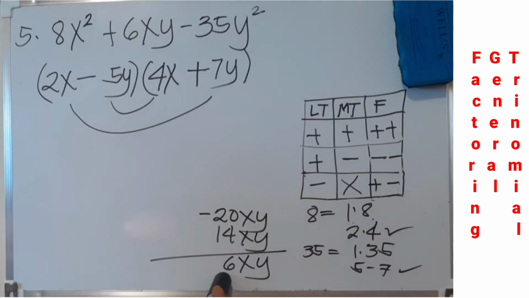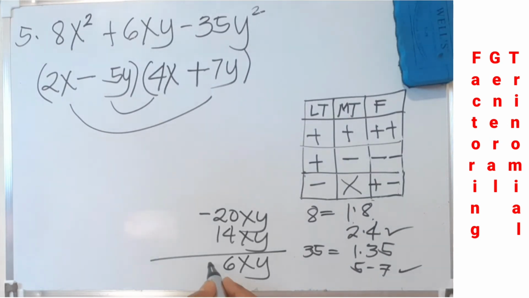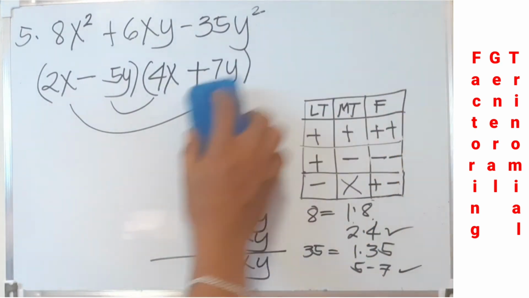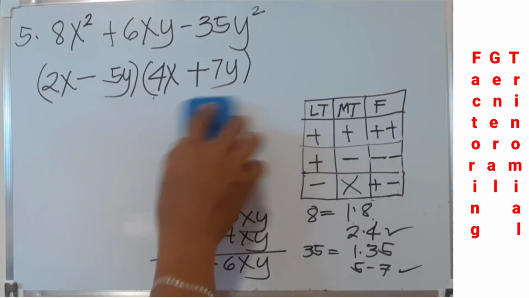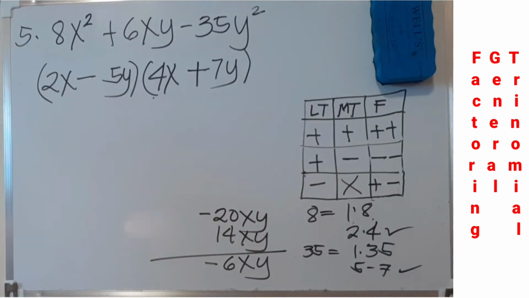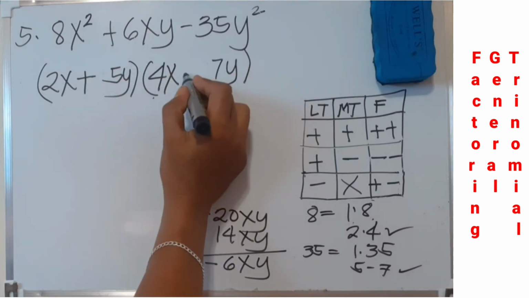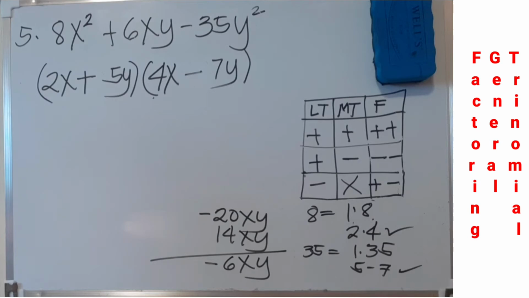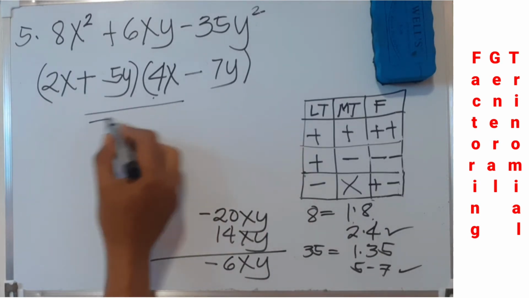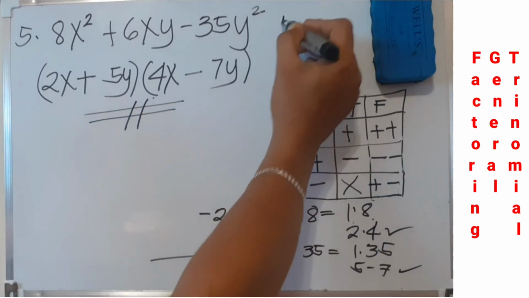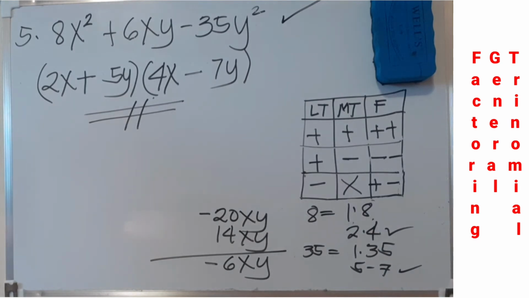Okay. 6xy is the same as the middle term, but they are opposite in signs. Again, the combinations are correct. The signs will be reversed. Negative will become positive and positive will become negative. Therefore, these are now the factors of the given polynomial.